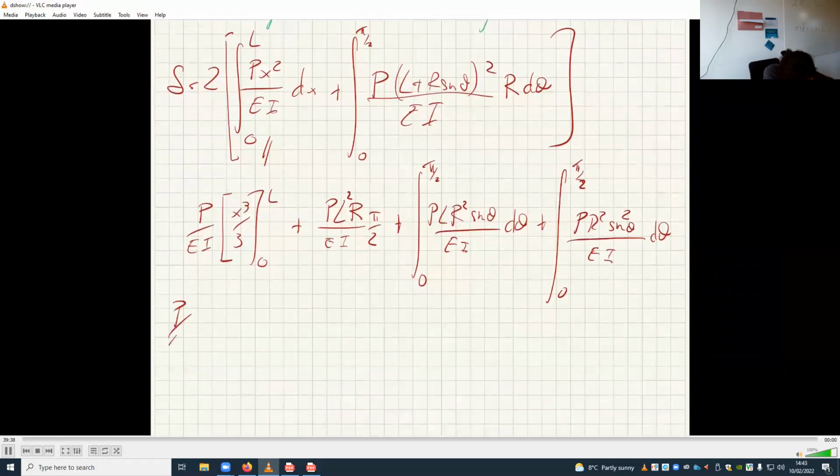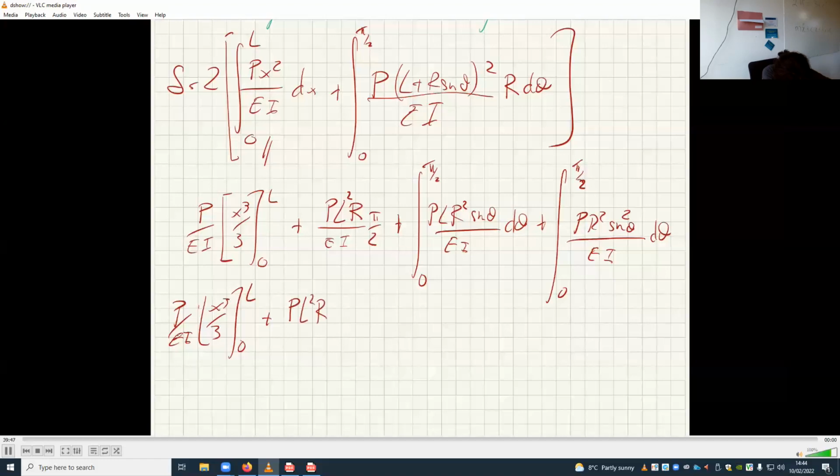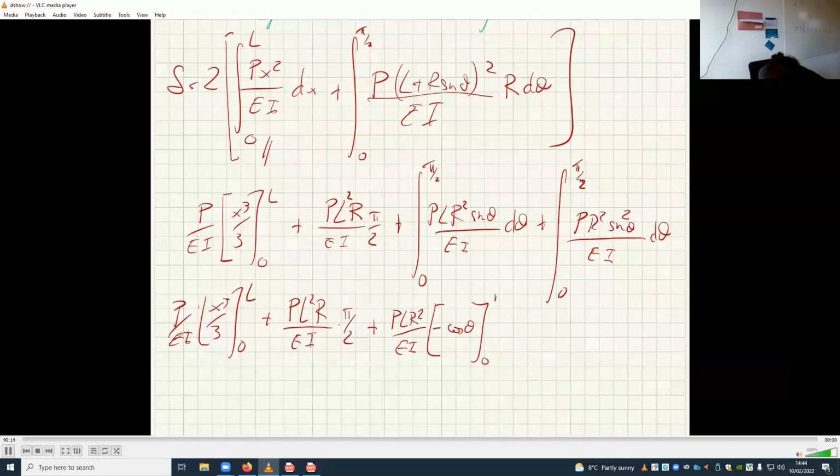So this is P over EI x cubed divided by 3, 0 to L, plus P squared, PL squared R divided by EI times pi divided by 2, plus this one is PLR squared divided by EI times the minus cosine of theta, evaluated between 0 and pi divided by 2, and plus P r squared over EI.